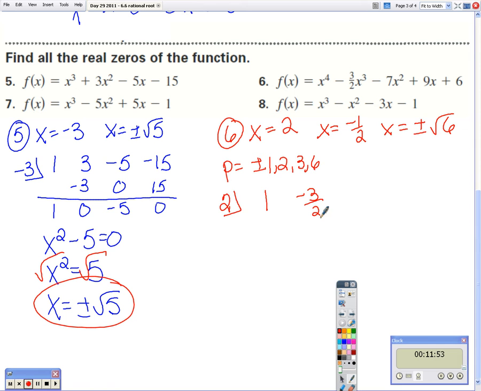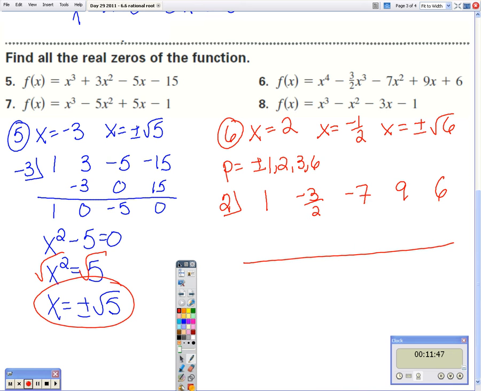Hopefully this fraction of -3/2 didn't throw you off. Nothing wrong with fractions. And again, I get a remainder of 0. So that's how I got my first answer of x equals 2.